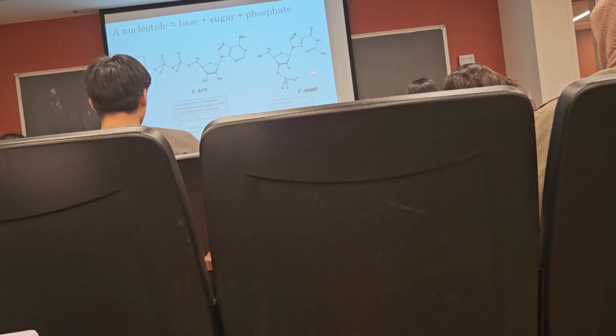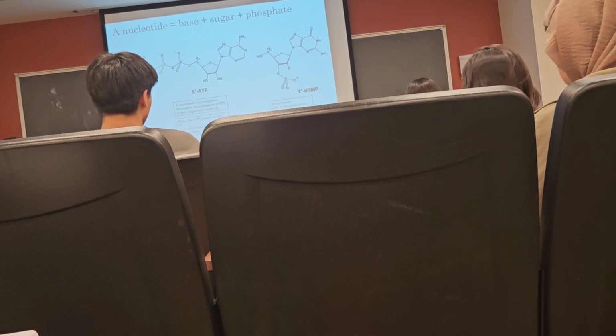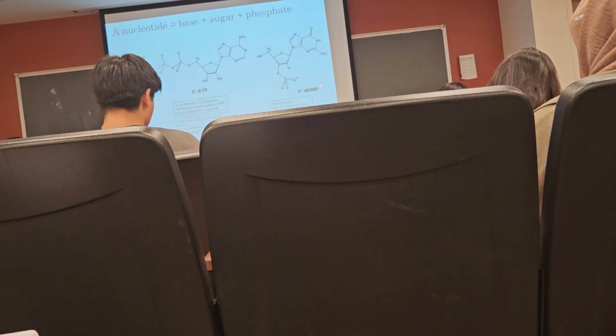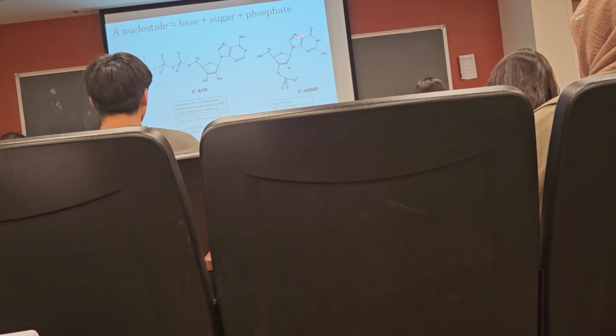Usually this 5' is omitted. When the 5' is omitted, it's assumed. We can also have things like 3' deoxy GMP. So what are we looking at here? This would be guanosine monophosphate on the 3' carbon, so this would be guanylate.